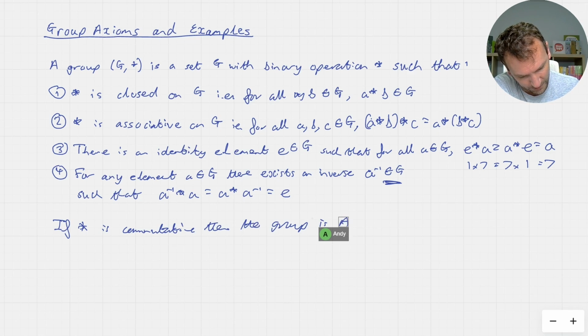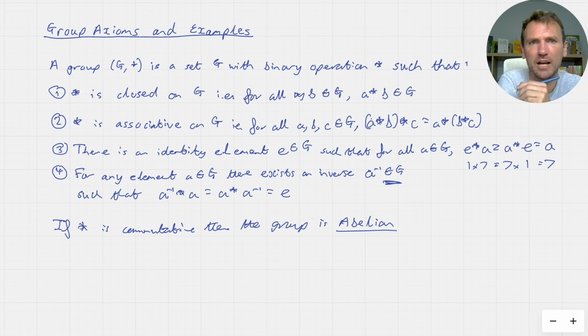Sorry, I may be massacring the pronunciation there, but I'll spell it for you here. It's named after a Scandinavian mathematician called Abel, so maybe abelian. So that's another definition you need to be aware of, but it's not a requirement for something to be a group.